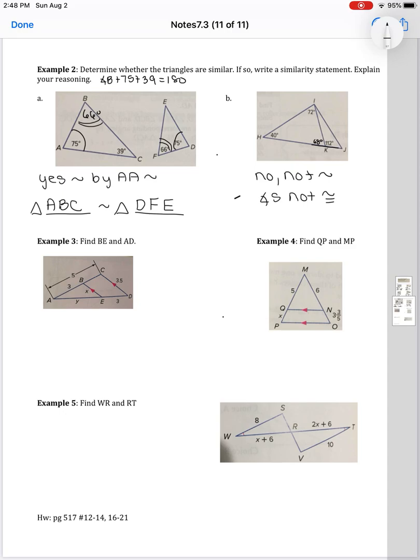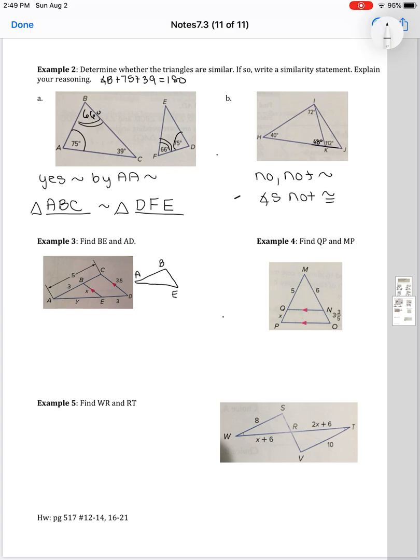All right. So the second part of this is going to now lend it to us to actually figuring out missing side lengths. Okay, so when we do this, you have to make sure that when you're writing your proportions, you're being consistent. So in the case with 3 and 4, we have smaller triangles going on inside of larger triangles. So if it helps you to redraw the actual figure itself, absolutely do that.